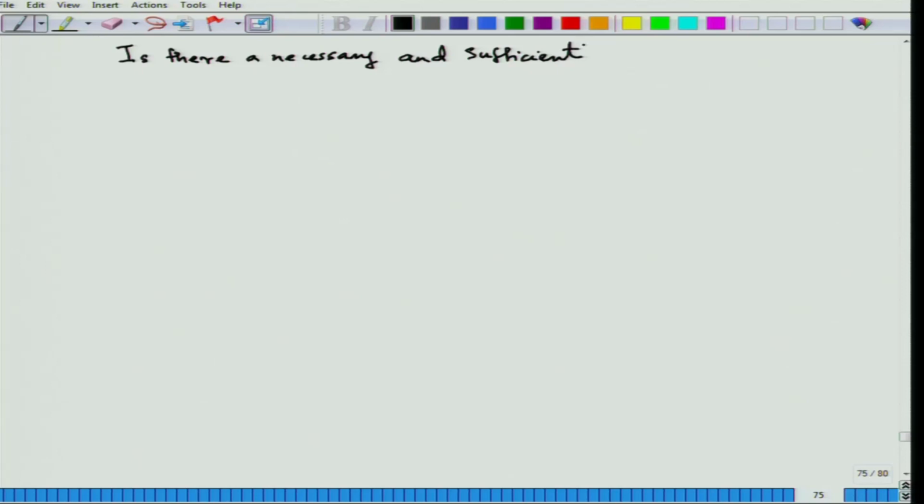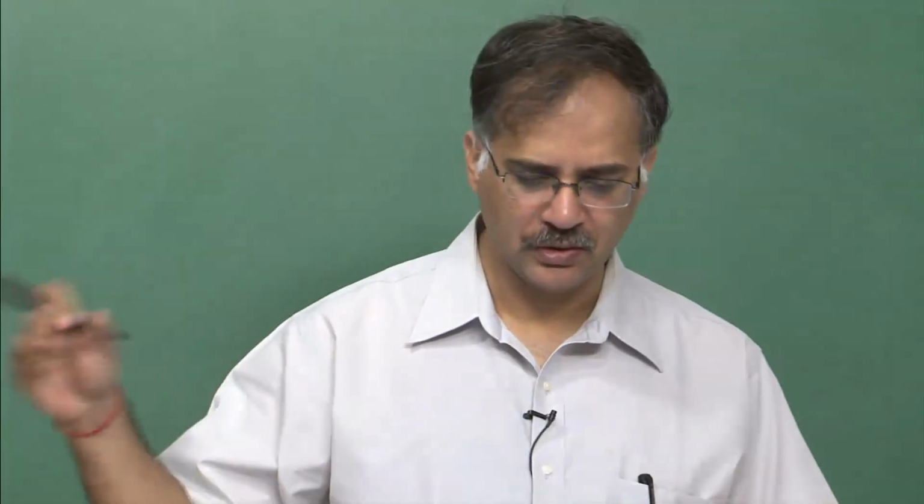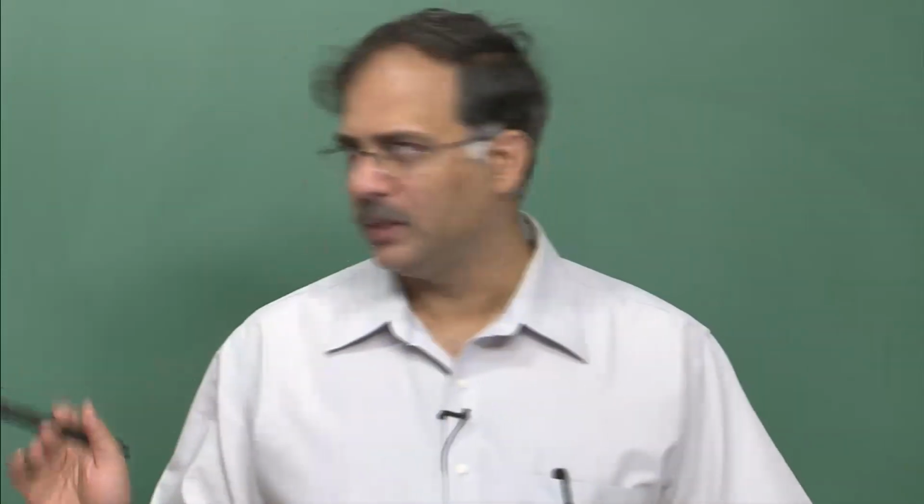Replace gradients with subdifferentials and say 0 belonging to del f x naught plus lambda del g x naught and all those things. But the question is that suppose we do not know anything about subdifferentiability either. Is there a more fundamental way of looking at it?